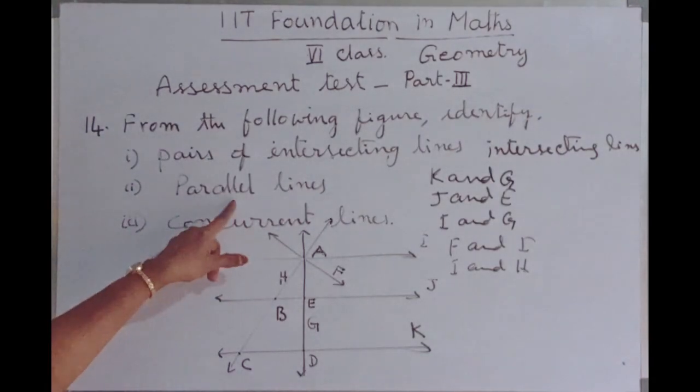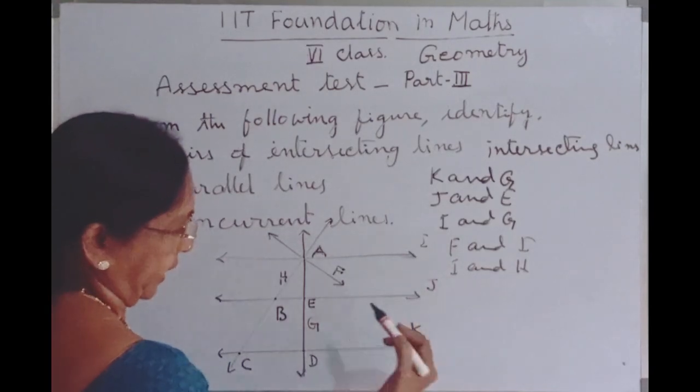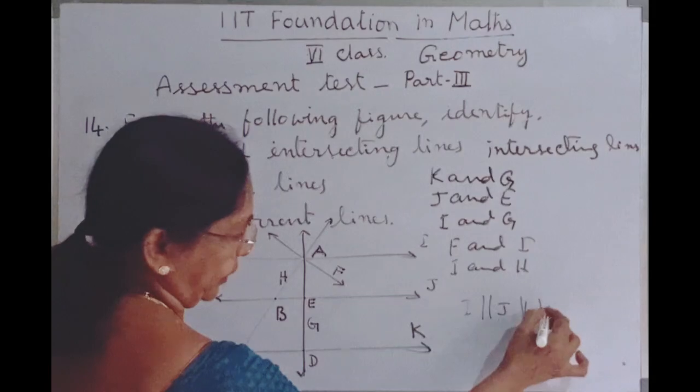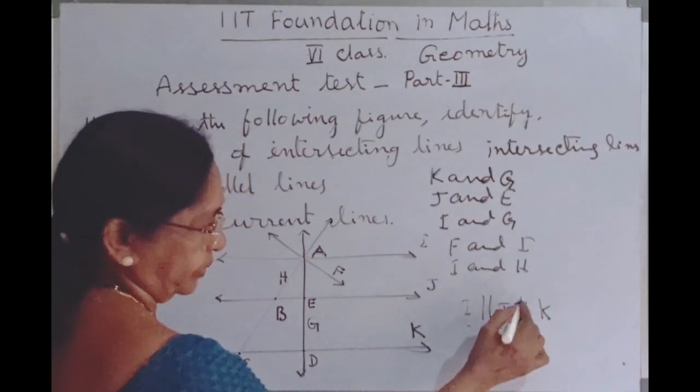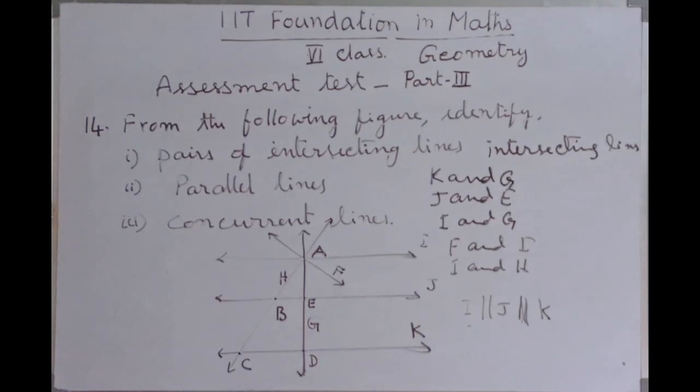Next, parallel lines. So lines I, J and K are parallel. So I is parallel to J, is parallel to K. Each one is parallel to the other lines. So I, J and K are parallel to each other.